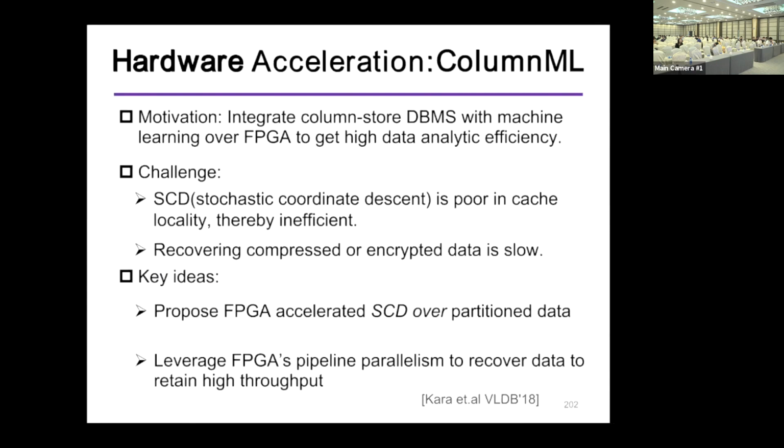And the second challenge is that for the column store, we also need to compress and encrypt the data, so the efficiency is low. So the key idea is to leverage the FPGA to accelerate the SIMD and the data compression using its parallelism ability.